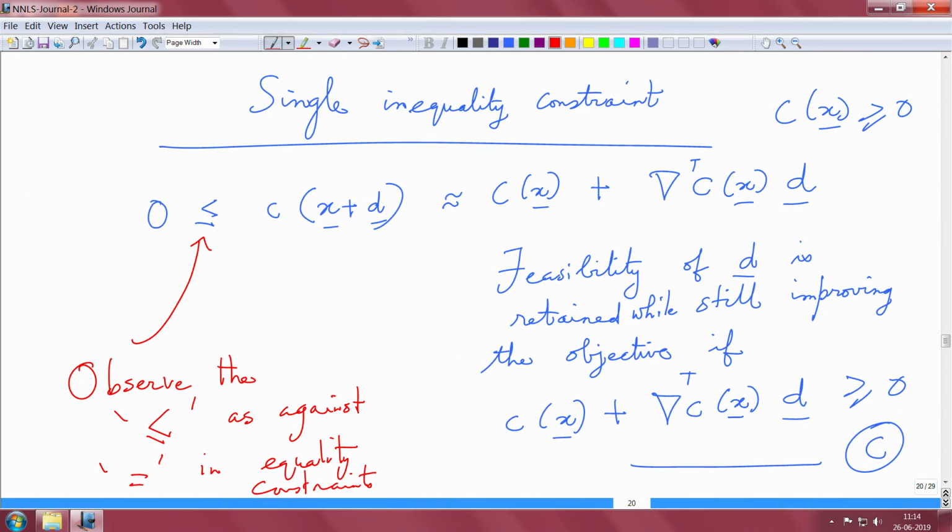Now, if we choose a direction d around the point x, C of x plus d is greater than or equal to 0, or 0 is less than or equal to C of x plus d.